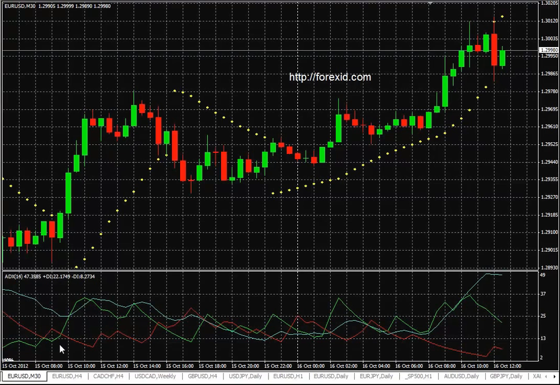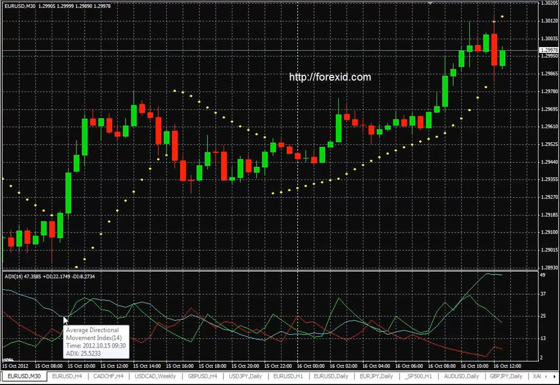Watch carefully. I enter when there is a crossover between the two directional indices, DI plus, the green one, and DI minus, the red one. Here we have a bullish crossover of the two DIs. I enter long. I watch that at the same time that I enter, ADX is at least 24.